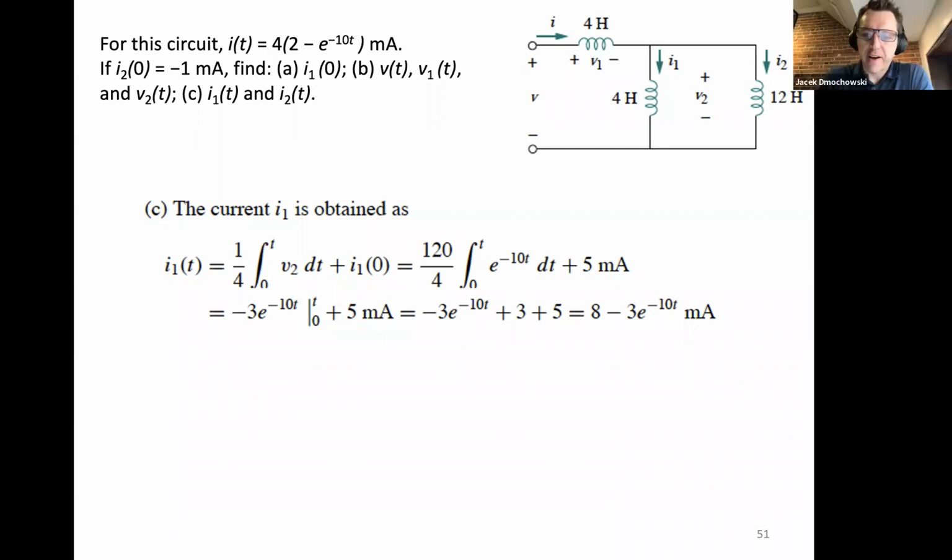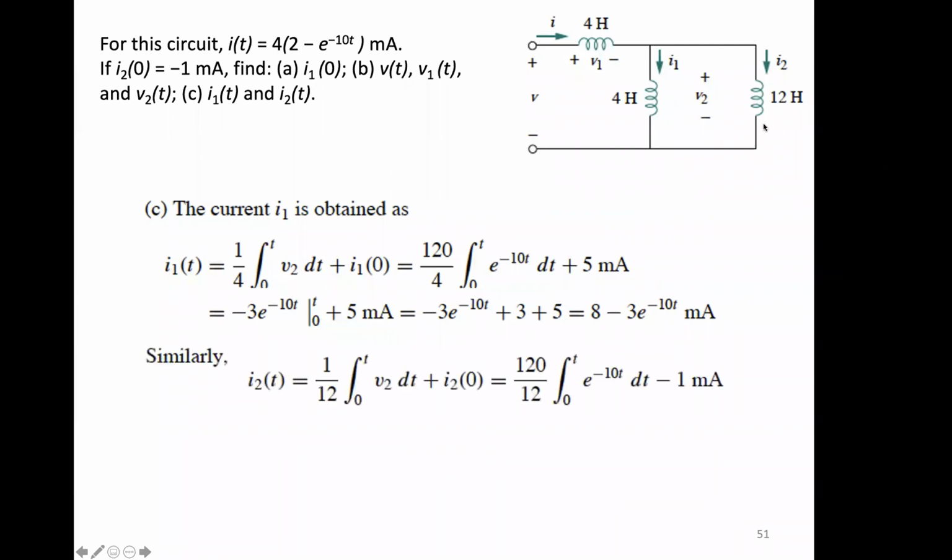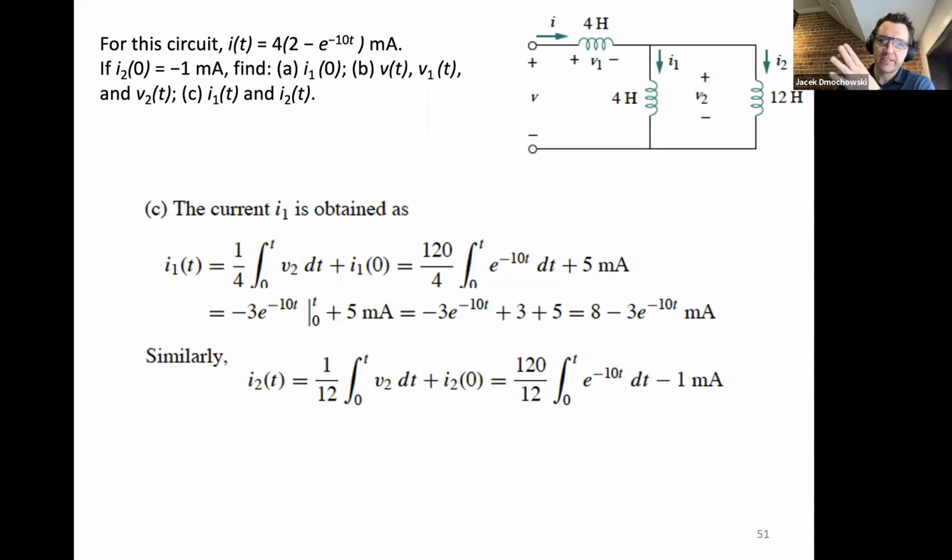So it starts off at 5 and it ends up at 8. And notice that this current starts off at 4 and ends up at 8. So what does that mean about this current at time equals infinity? This one ends up at 8, and this one ends up at 8. So what does this one have to end up as? 0. 0, exactly. So that's a good sanity check.